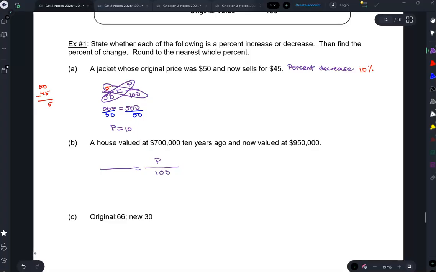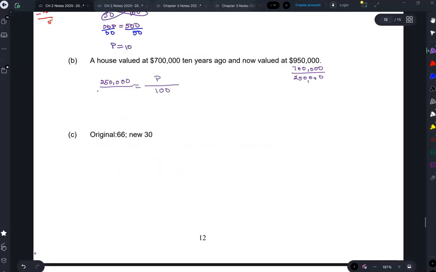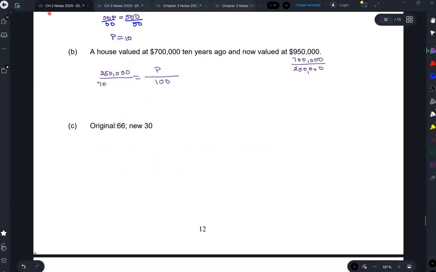So it's 950,000. Let me see what the difference is. Okay, the difference is 250,000. So that's 250,000 over the original. How much is the original? 700,000. So now I've set up my proportion.